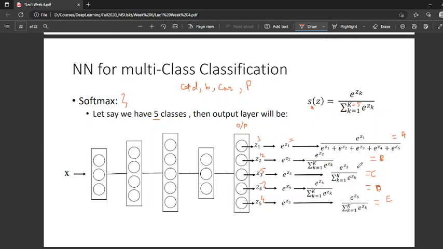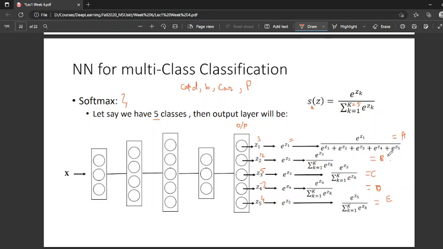Now we will see which value is the largest. Because z2 is 12, at node 2 we will have b as the largest one, and the others will be smaller. All these values will be between 0 and 1. So b may have something like 0.8, and all the other values a, c, d, e will be smaller than 0.8.